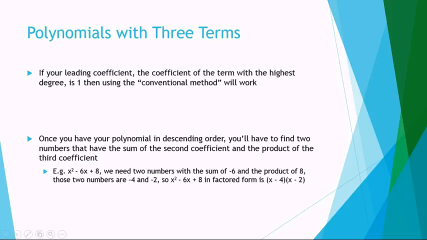And if your first term has a coefficient of positive 1, you can just go along that conventional method, and we'll go over that common method in the next slide. But if your coefficient isn't 1, if you can factor out a greatest common factor from your polynomial to make that leading coefficient, that first coefficient, 1, then you'll have to do that, and then you can go about using the conventional method.